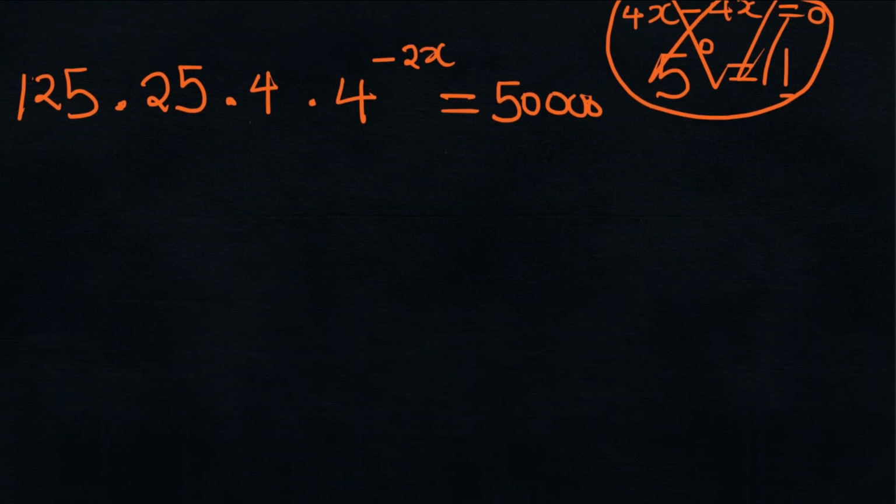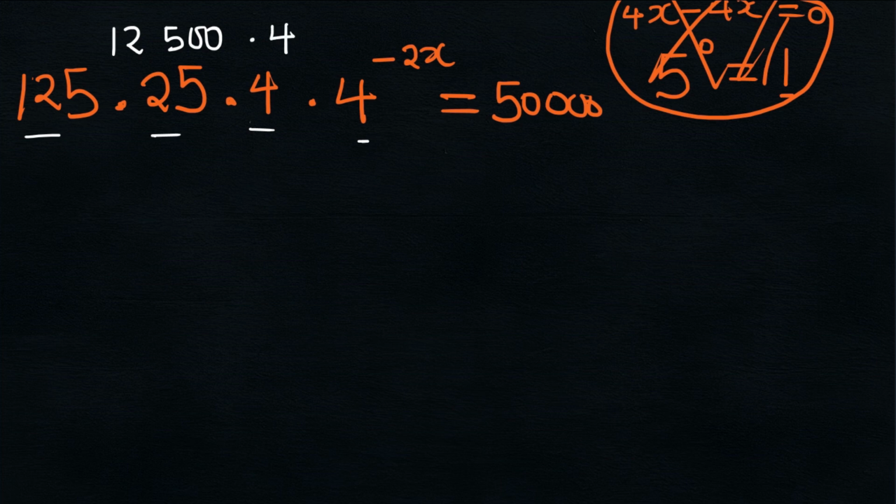So the next thing will be to multiply this and this and this because they're like terms. 125 multiplied by 25 multiplied by 4. If you do that with your calculator, you are going to get 12,500. And then we keep this one. So it is going to be 12,500 multiplied by 4 to the power of minus 2x. That is what we're going to be left with on the left hand side.